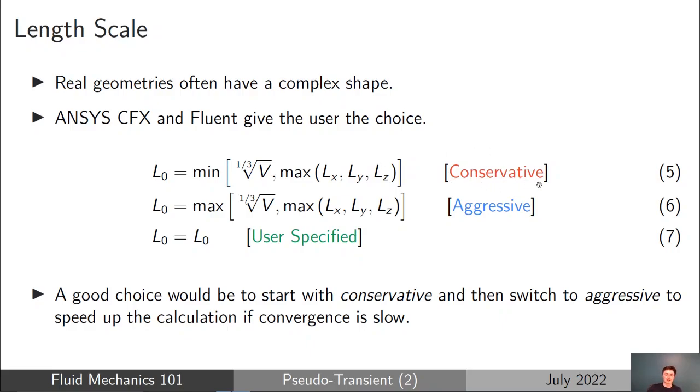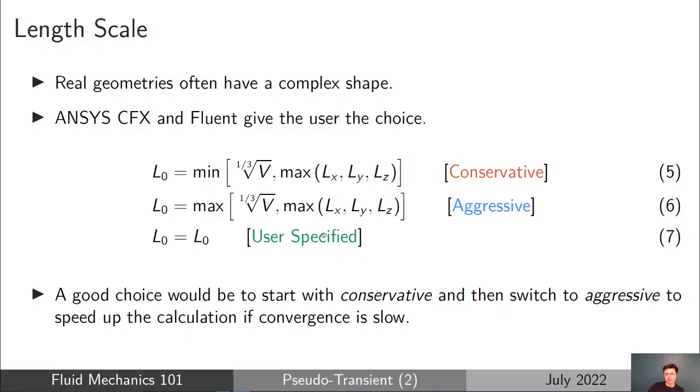And that of course means that the calculation is likely to be more stable, because that diagonal term on the A matrix is going to be larger, but you're going to require more pseudo time steps to achieve your final converged steady state solution. And of course the opposite occurs if you pick the aggressive approach. It's going to end up with a larger pseudo time step, which means you get to your steady state solution quicker, but you're more likely to get oscillations along the way.